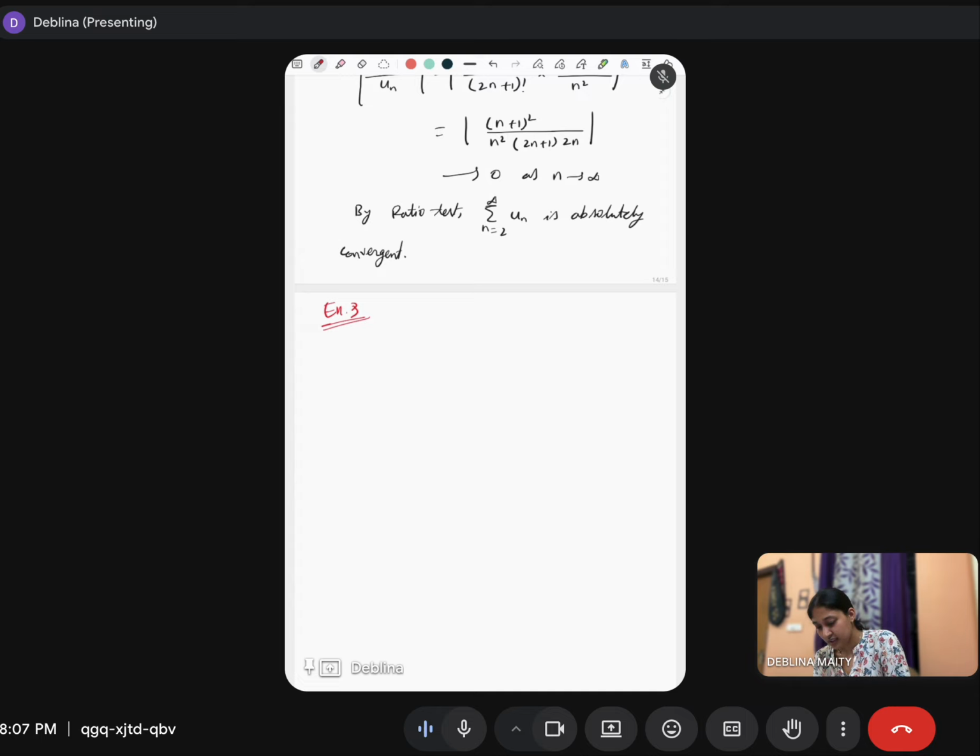So take this sum. It is 1 by 2 plus 1 by 3, 1 by 2 square plus 1 by 3 square, and like this.